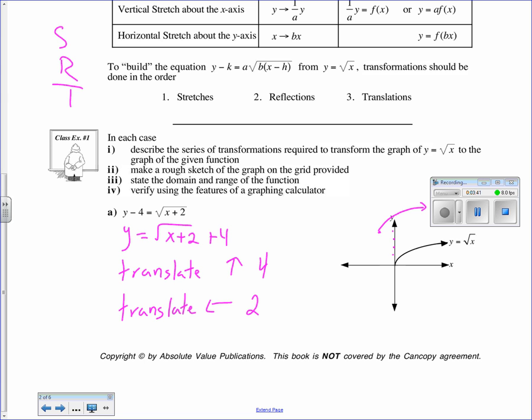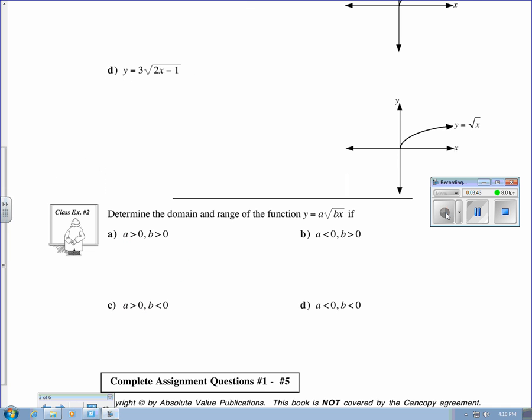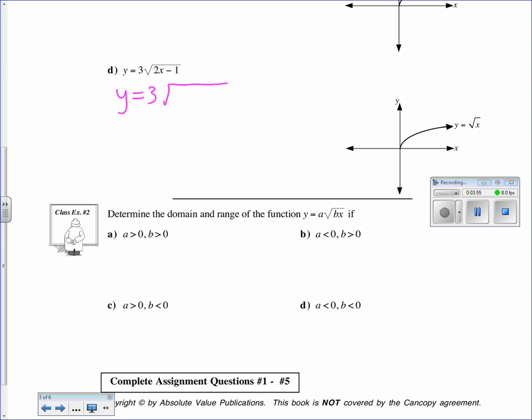Let's turn the page. I'm going to go all the way to D, where we have some manipulation in a variety of places. One thing I have to do is factor, so I'm going to do that first. y equals 3 times the square root of 2x minus a half. In order to read my SRT information, it must be a single x.